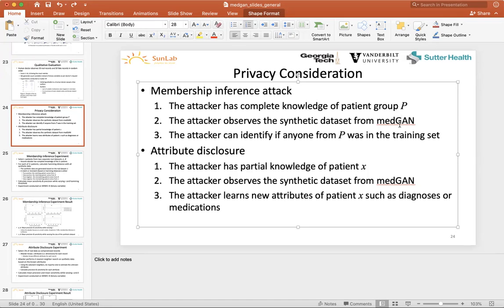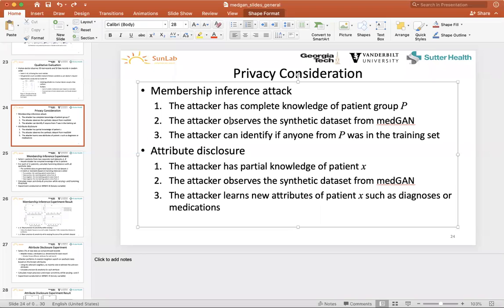Just by looking at the synthetic samples generated from MedGAN, if that attacker can say that this patient that I know beforehand was used to train MedGAN, then there's a membership inference attack.